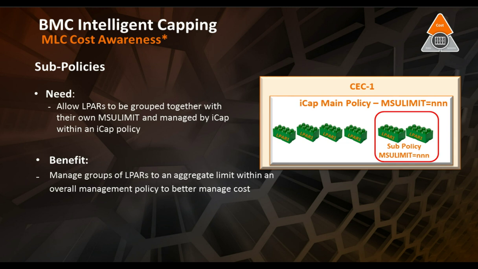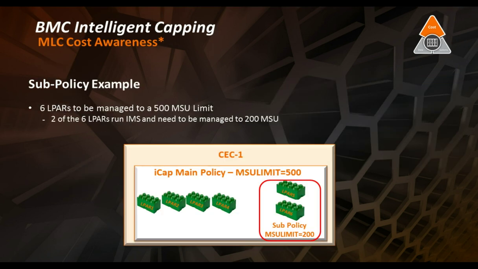So I have a policy within a policy, again with the idea of minimizing the number of MSUs being consumed by those LPARs. I can actually keep those LPARs within a certain MSU limit, reducing their costs. They get the benefit of the manipulation of the MSUs based on the workload importance, and I still get some cost savings overall because of that overall MSU limit.